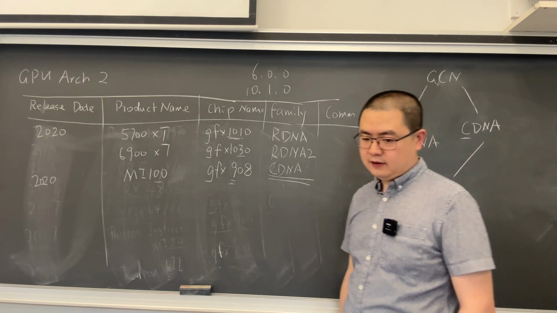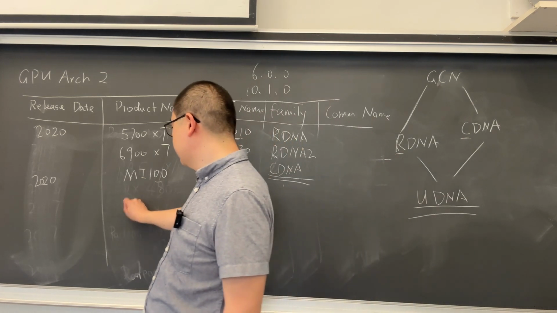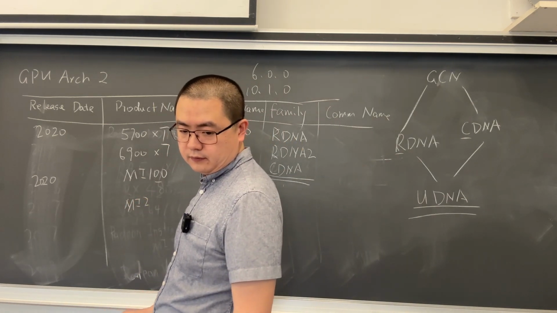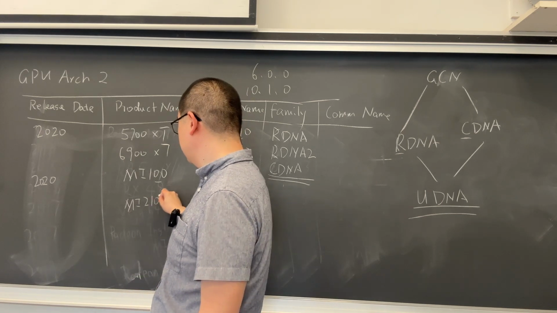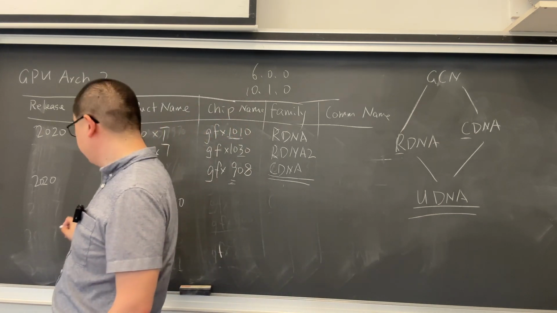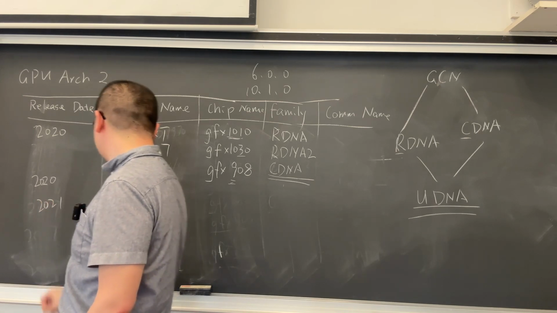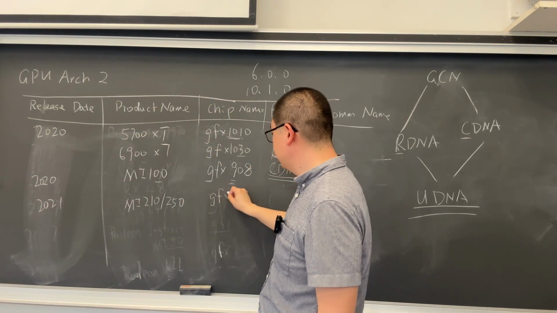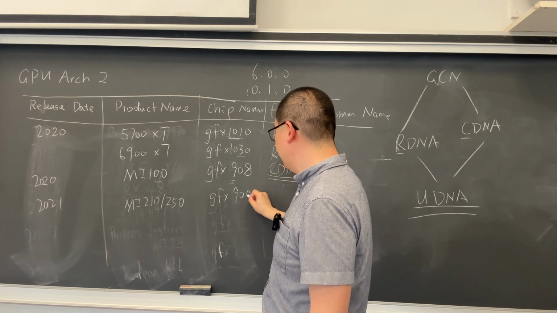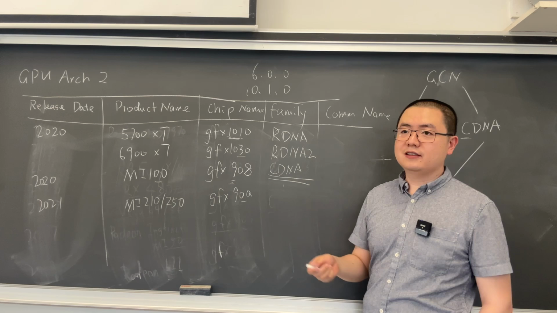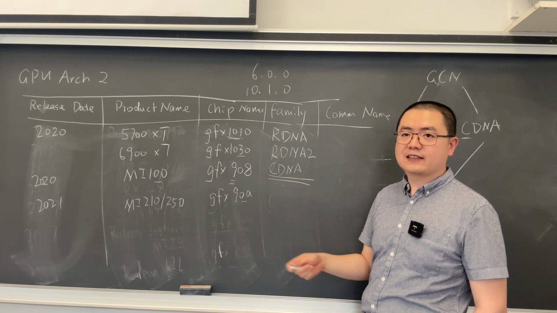Then something actually more important is the MI200 series, 210 and 250. This is in 2021. And this is GFX90a, not 908. They are running out of numbers, so they are starting to use hex numbers.